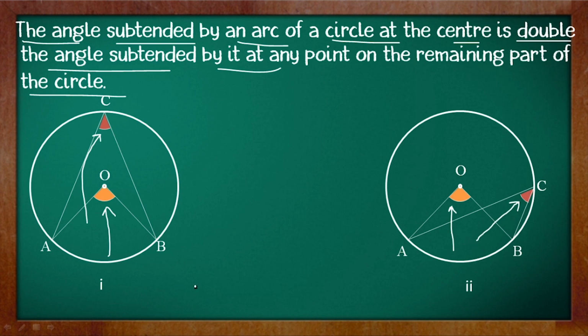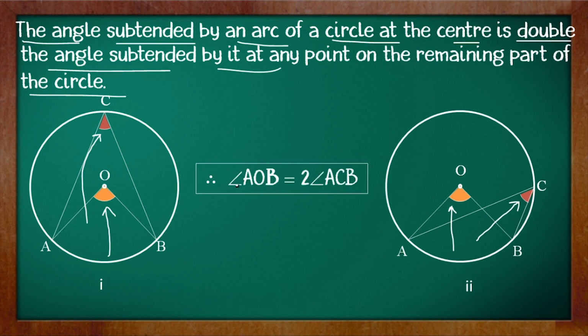That means we can say that angle AOB, the angle at the center, is equal to twice the angle at the circle, that is angle ACB, because it is double the angle at the remaining part of the circle. So this is the result that we will use to prove our theorem.